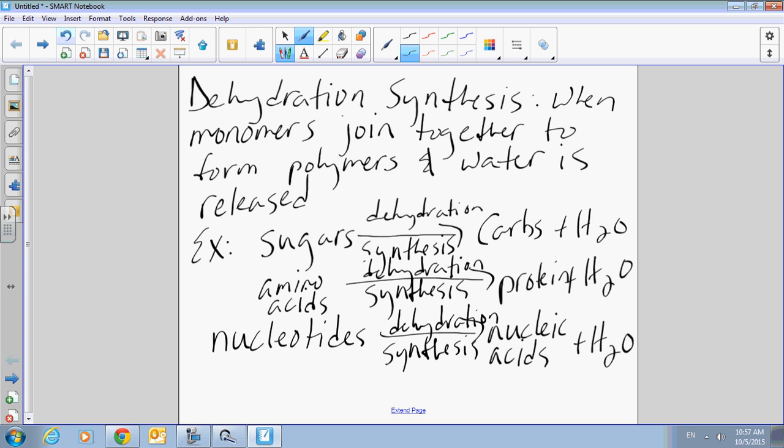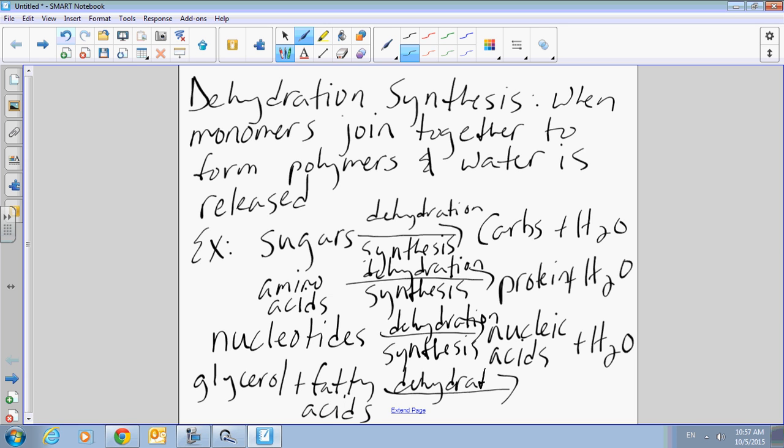And then the last one, if we have a glycerol and some fatty acids, those monomers undergo dehydration synthesis. What would be the product?